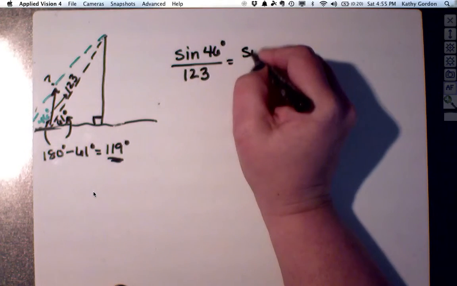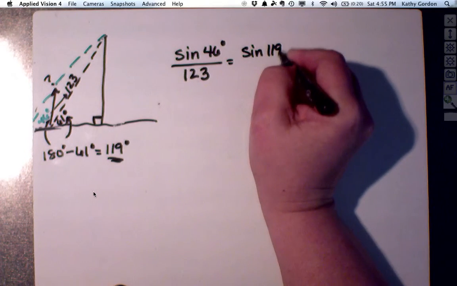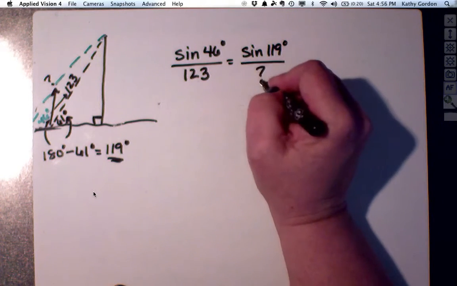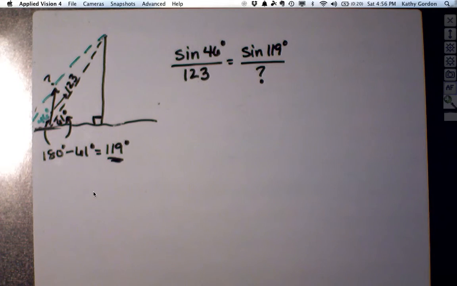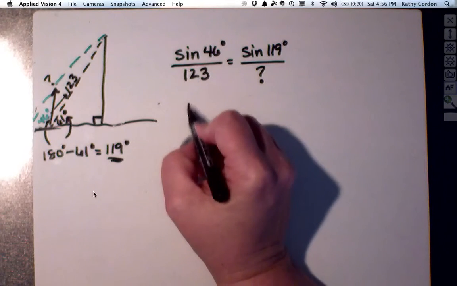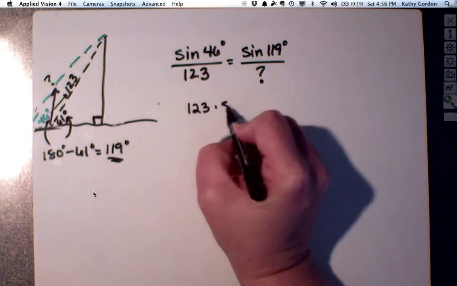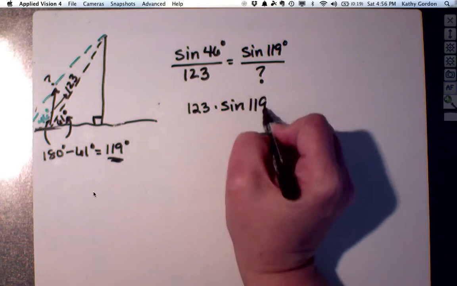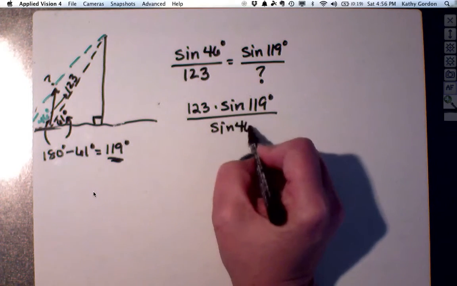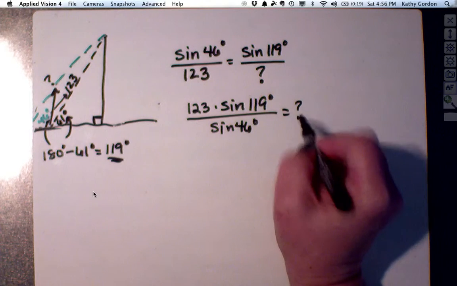So the sine of the 119 degree angle has to set up a ratio with my missing side, and that's what I need to solve. I don't have to solve for everything in this problem, just the missing piece. So that means taking 123 times the sine of 119 degrees and dividing that by the sine of 46 degrees in order to get my missing side.